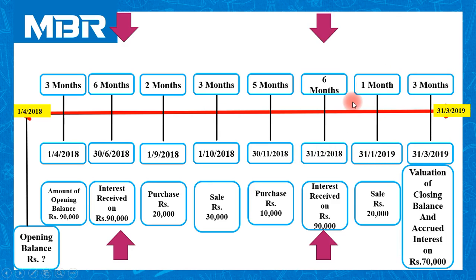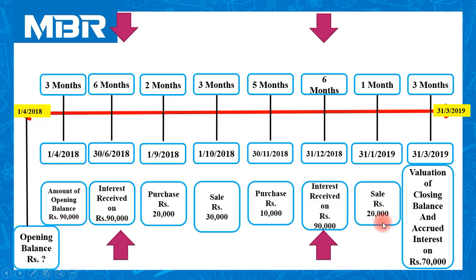And 31st March 2019, last day of the financial year. On this day, two different transactions taking place. First, valuation of closing stock and accrued interest on the investment held on 31st March. On 31st December, we were owner of rupees 90,000, of which we have sold security worth rupees 20,000.